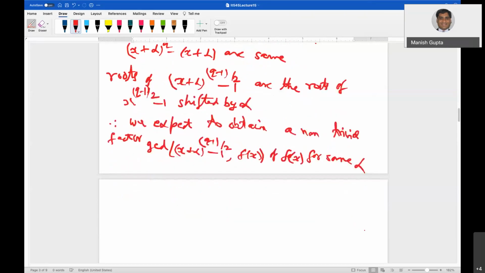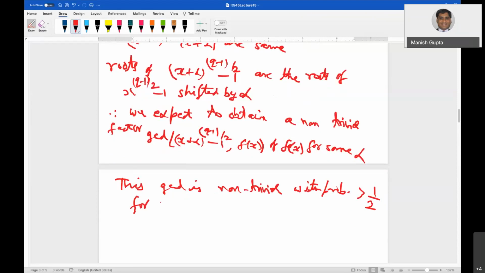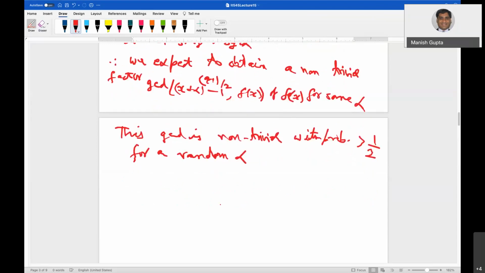So this way we will produce a non-trivial factor. It was shown by Rabin that this GCD is non-trivial. Sometimes it will be trivial as well. So non-trivial with probability at least 1/2 for a random alpha. Every time we have to choose alpha randomly. So this leads to our algorithm.